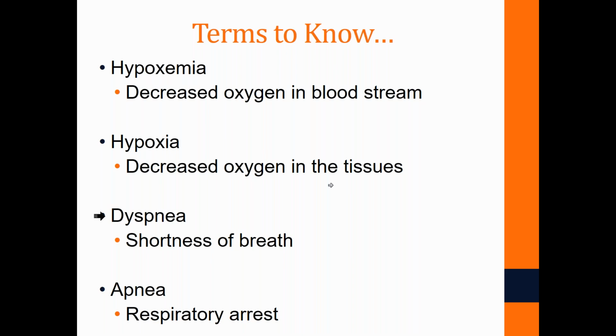And then as we move on through the rest of our assessment, we do circulation, skin color, temperature, condition, carotid and radial pulses. We make our transport decision. If you found a problem during your primary assessment, is this patient well?